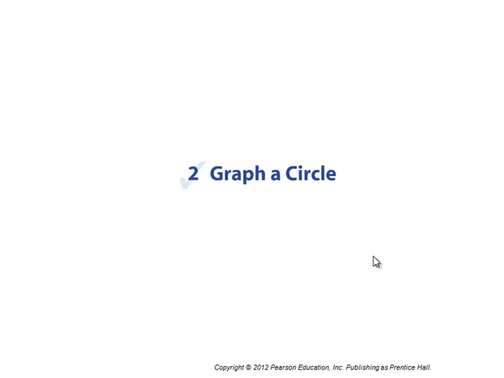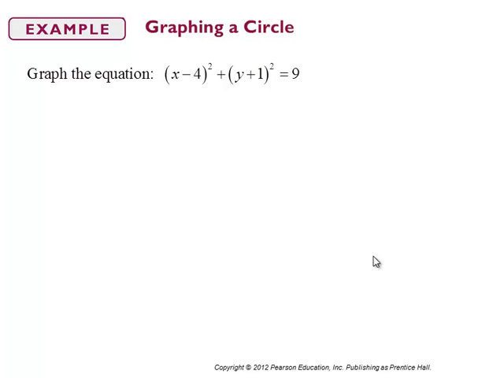Okay, let's talk about graphing a circle. How do we do it? Well, we could be given the equation in standard form, like you see here. We could tell just by looking at this number here and this number here that the coordinates of the center point are 4 comma -1.